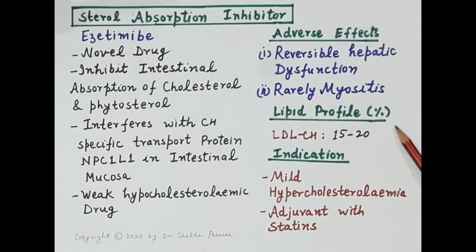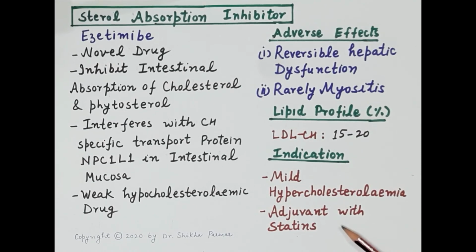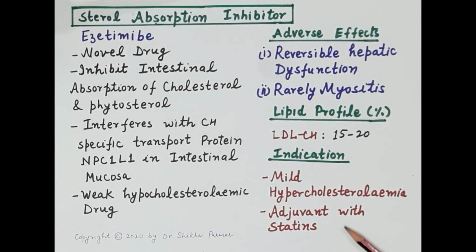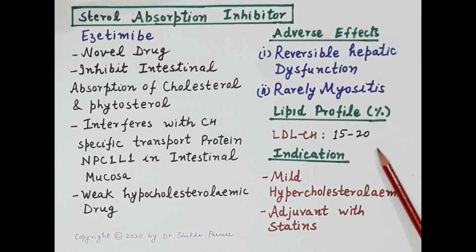Lipid profile: ezetimibe reduces LDL cholesterol by not more than 15 to 20%, and therefore it is indicated in mild hypercholesterolemia, and it is normally prescribed in those cases when the statins are contraindicated or when the statins are not tolerated, and it can also be used as an adjuvant to statins in order to reduce the dose of statins. So overall, ezetimibe reduces the level of LDL cholesterol in the blood by about 15 to 20%.